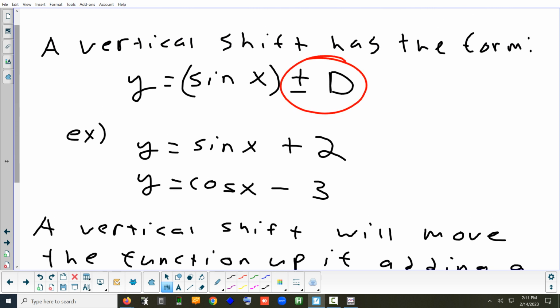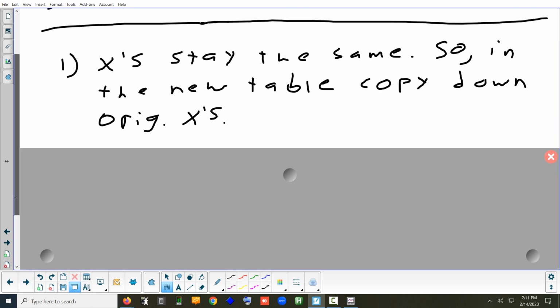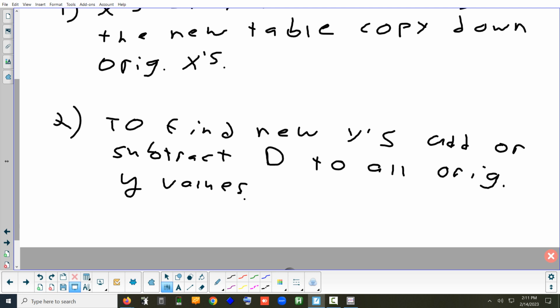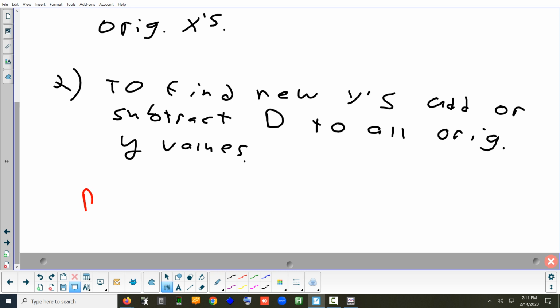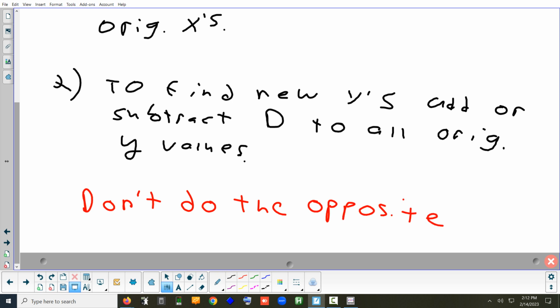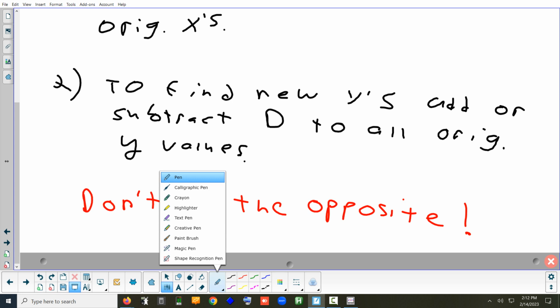Take the number that's at the end, either a plus or a minus, and add that value, or subtract it, to the original y values. Don't do the opposite.